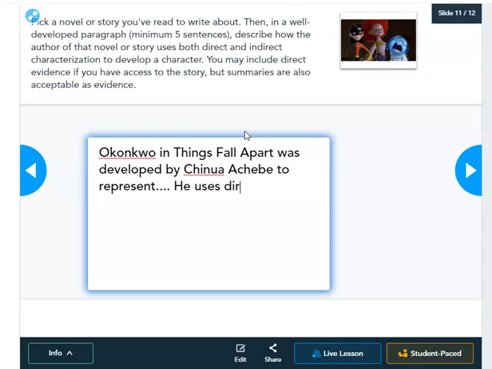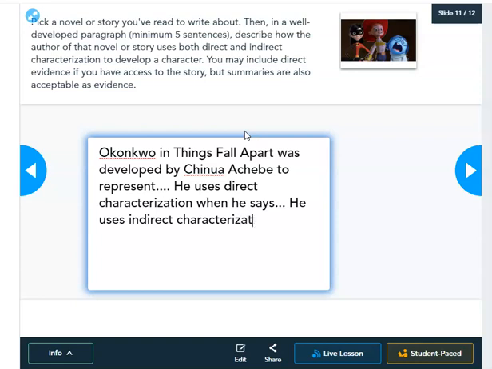He uses direct characterization when he says, he uses indirect characterization to show. So we should have a couple of sentences here. So make sure you're letting us know the differences between the two and what it says about that character.